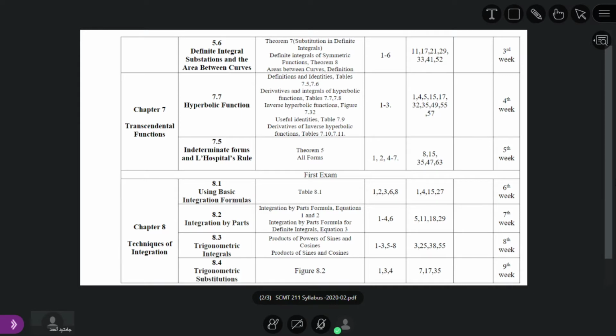The second is if we have a power function and we get the limit of f of x as 1 and the limit of g of x as infinity. It means 1 power infinity, 0 power 0, infinity power 0. For this case we will have 6 different steps to solve this indeterminate form.